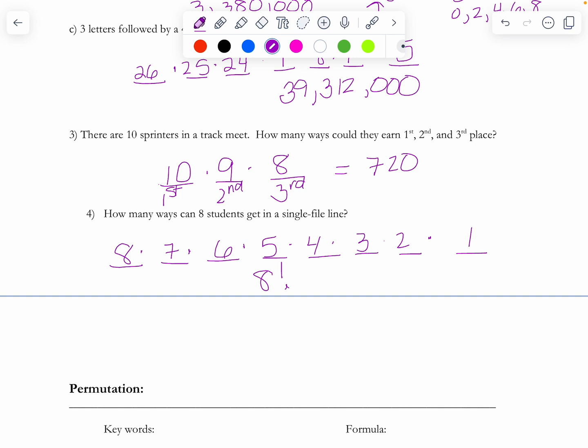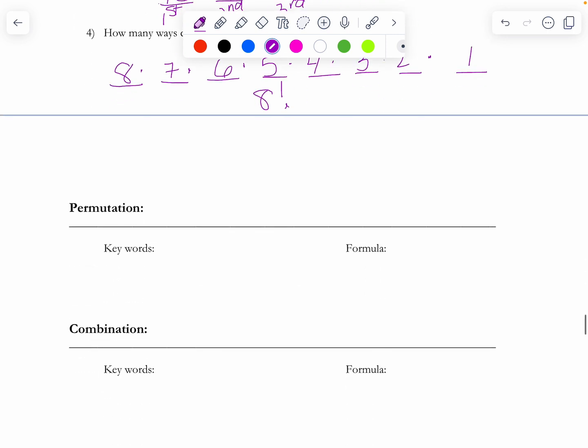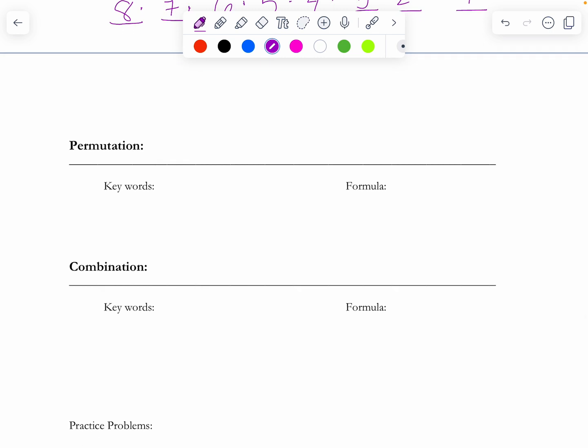Now, the last thing we're going to talk about today is permutations and combinations. Now, we did the formula for combination when we talked about binomial expansion. So let's talk about that first. Combination is the number of ways to choose a group of subset items from a larger group.